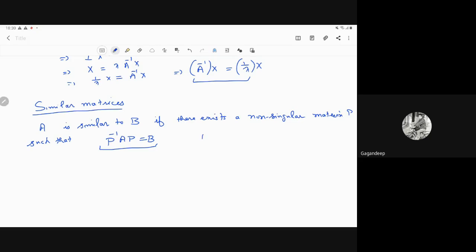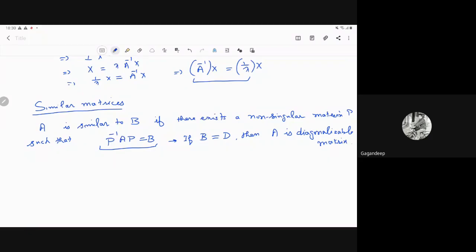Further, one more definition. If B equal to D is some diagonal matrix, then A is a diagonalizable matrix. We say that A is a diagonalizable matrix. So note down the definition of diagonalizable matrix.